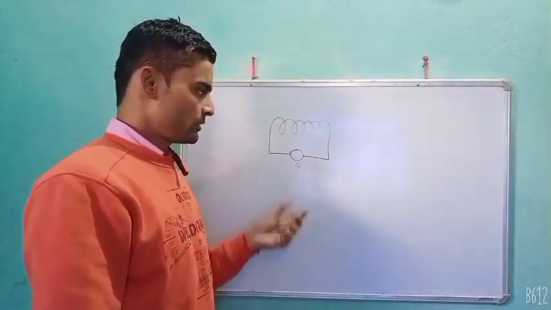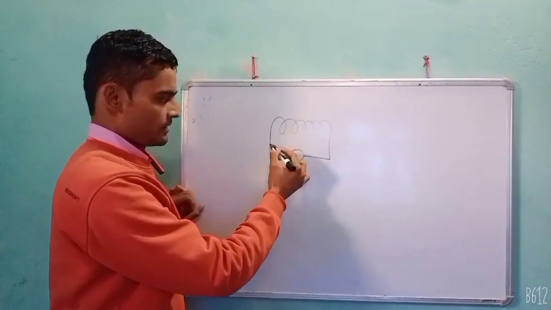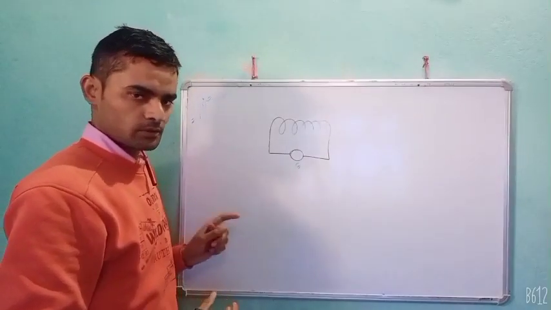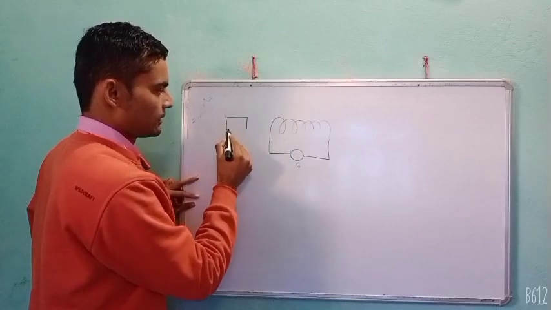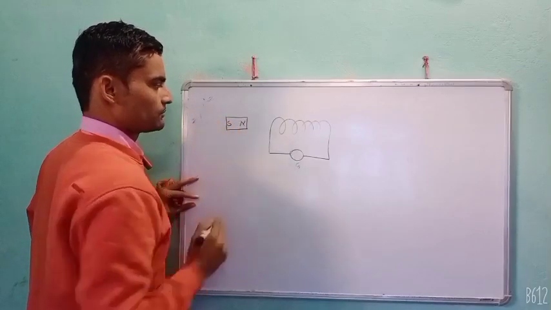So just think about this. There is a galvanometer and a conductor wire in the form of a coil, and now there is a bar magnet. This is the south pole and this is the north.